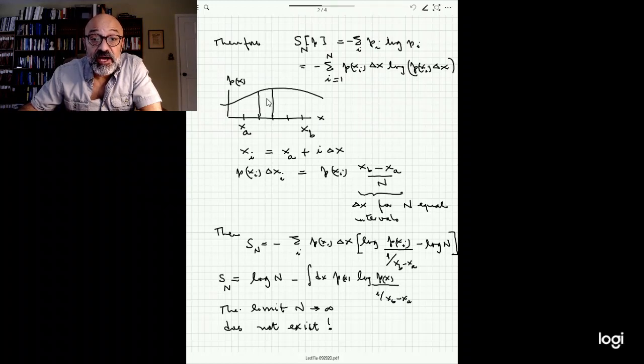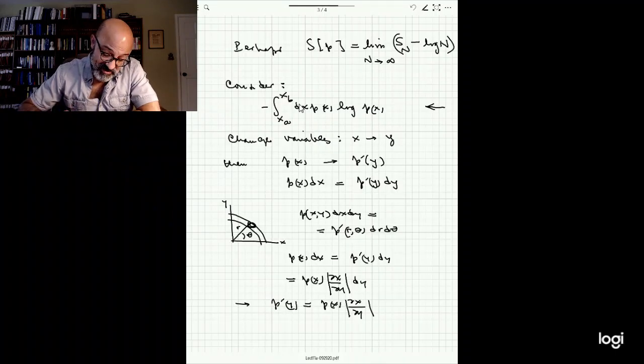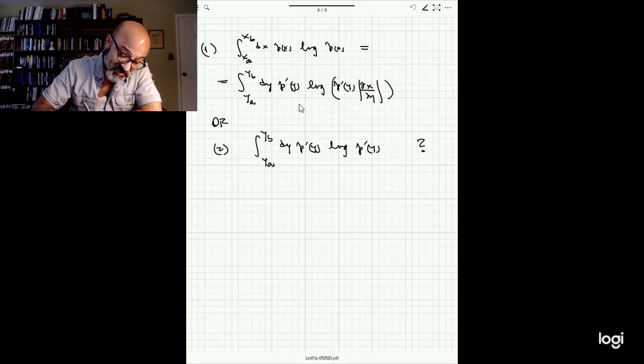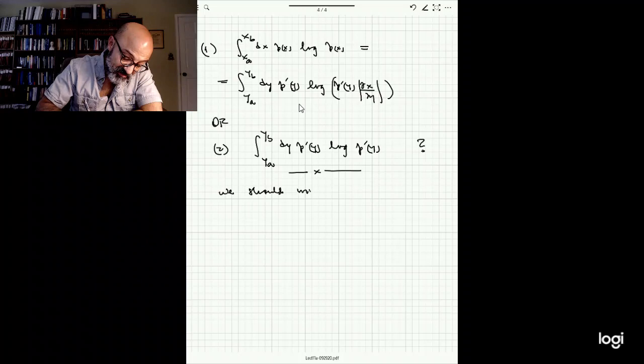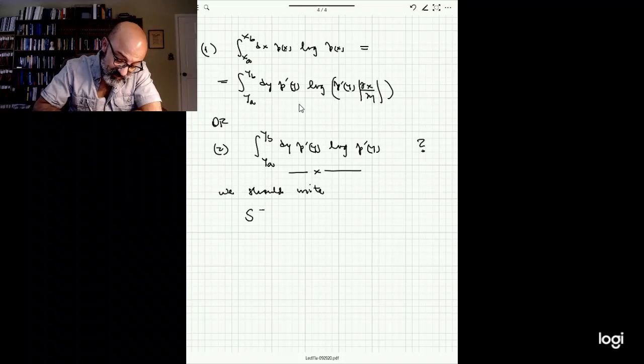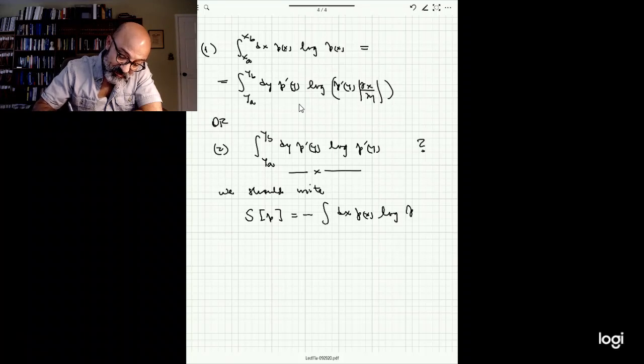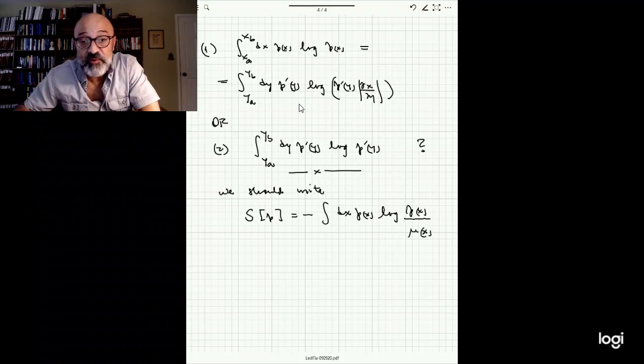And by uniform, I mean constant in x. So going back to the discretization, the answer is we should write the entropy as minus dx px log px divided by a uniform probability distribution.